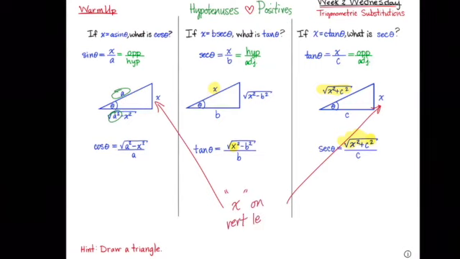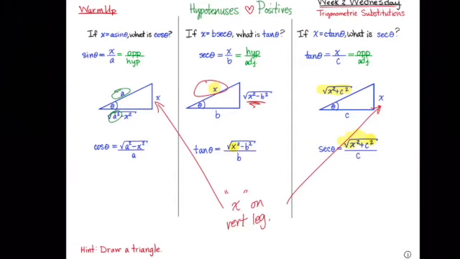The only time we don't have x on the vertical leg is when it's on the hypotenuse, and in that case, we still put the variable x on the vertical leg. So that's just a little hint to help you set up those triangles. And of course, that means your theta has to be in that bottom left corner there. So let's go back to our example.